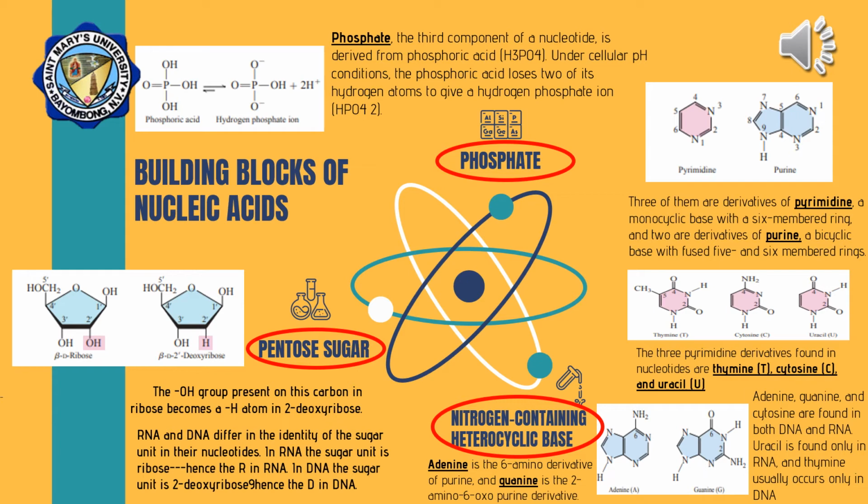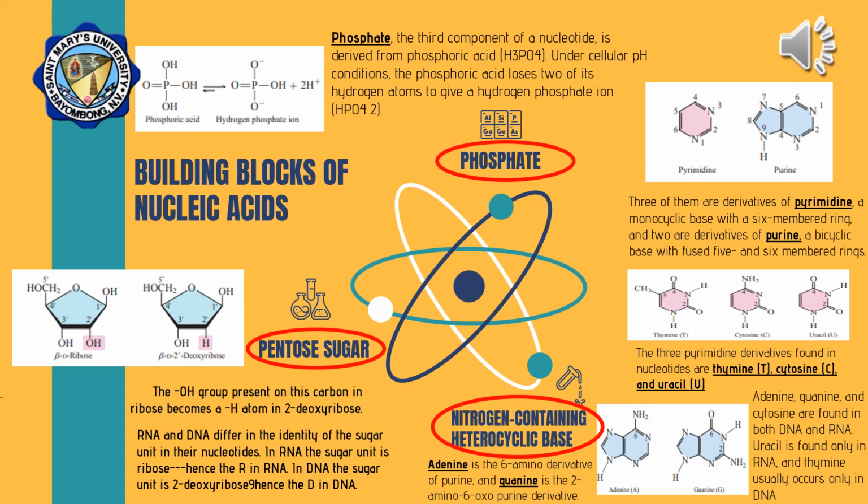RNA and DNA differ in the identity of the sugar unit in their nucleotides. In RNA, the sugar unit is ribose, hence the R in RNA. In DNA, on the other hand, the sugar unit is 2'-deoxyribose, hence the D in DNA.